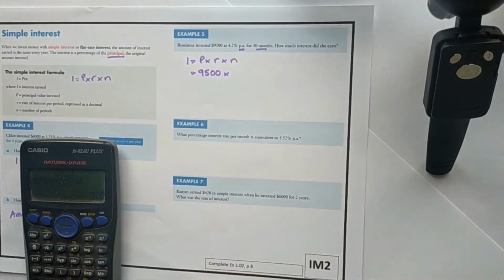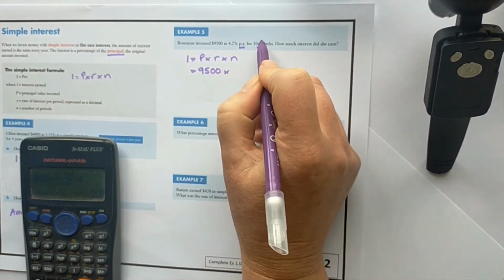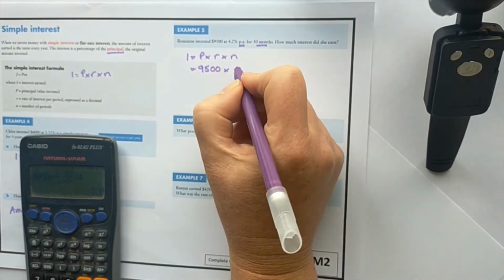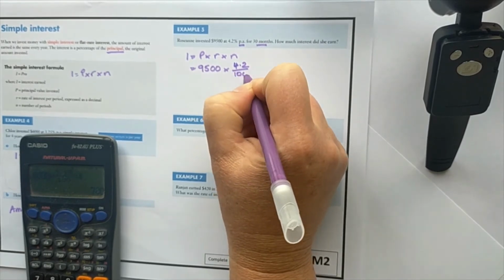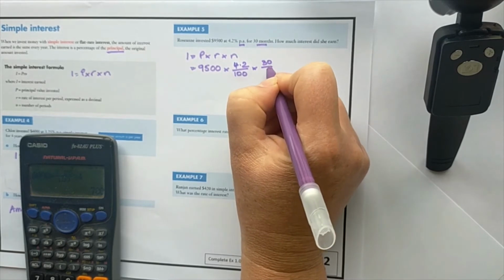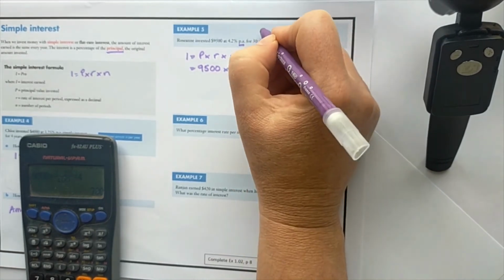So what happens next is we need to decide what we're doing about our interest rate and our time. The easiest thing will be to turn our months into years. So we'll keep our interest rate as years, so 4.2 over 100. And we're going to turn our months into years by dividing it by 12, because there's 12 months in a year.